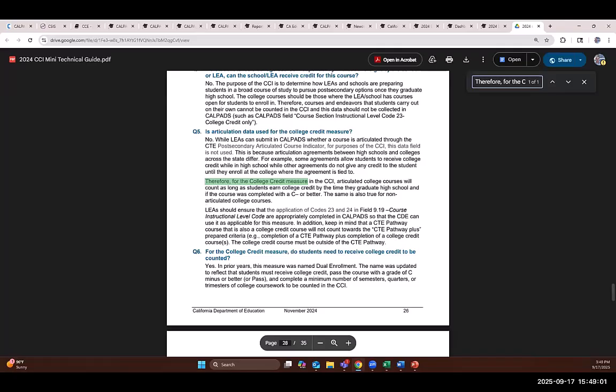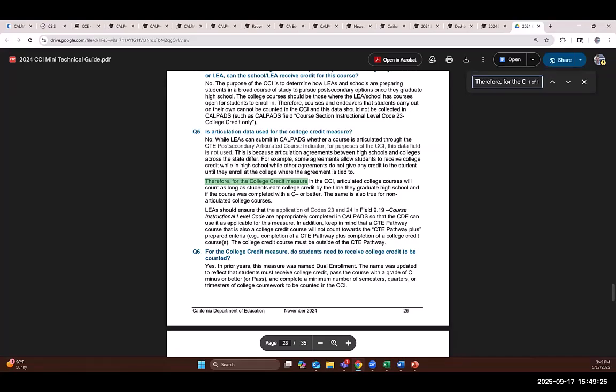I think as far as CALPADS is concerned, you have to indicate the student received the credit, right? So the student has to be dual enrollment to count for the CCI. When you mark that it's an articulation agreement, that course can be part of an articulation agreement and not award college credits.